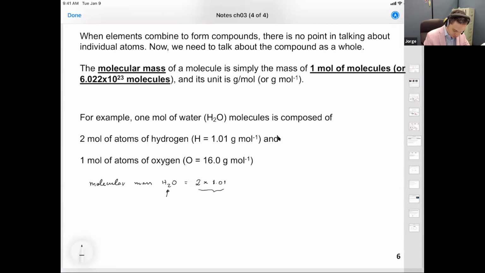So this is the contribution from hydrogen. Plus, we have just 1 mole of atoms of oxygen, and the atomic molar mass for oxygen in this case is 16. Okay. So this is the contribution from oxygen. Therefore, the molecular mass of water, we are going to get 18.0. Okay, attention here with the sig figs. So this is our limit, and the unit is grams per mole. Or you can also write grams mole to the -1.